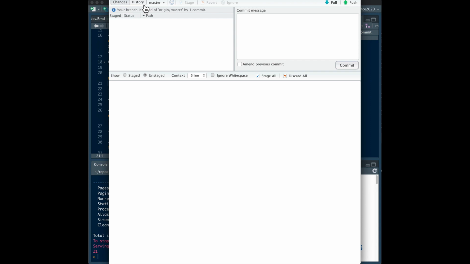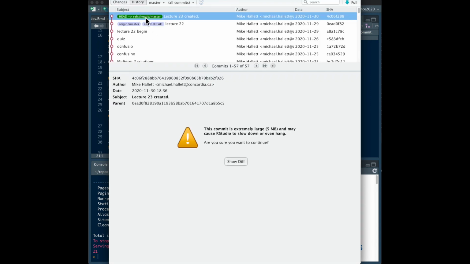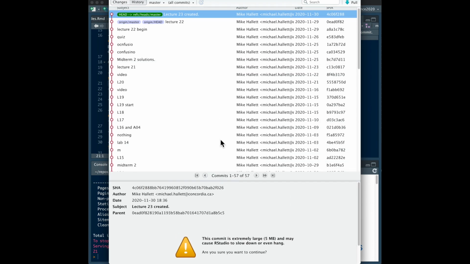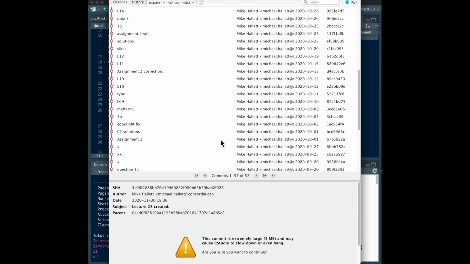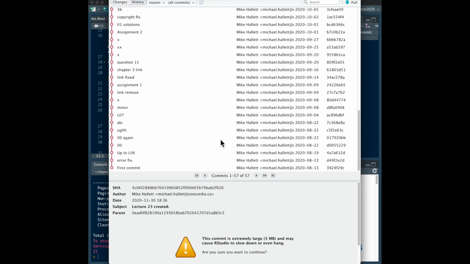And the nice thing is that I can trace back, if I hit this history button here, I can trace back to every change that I've made on the course since the very beginning.